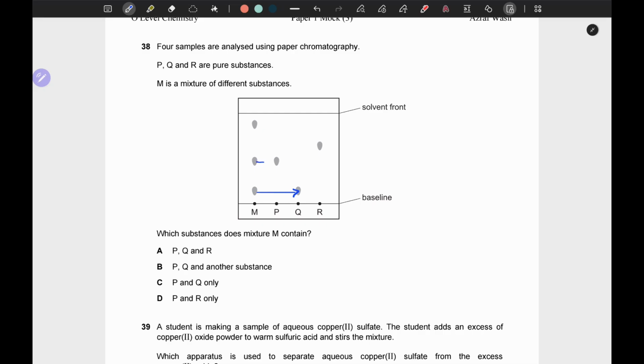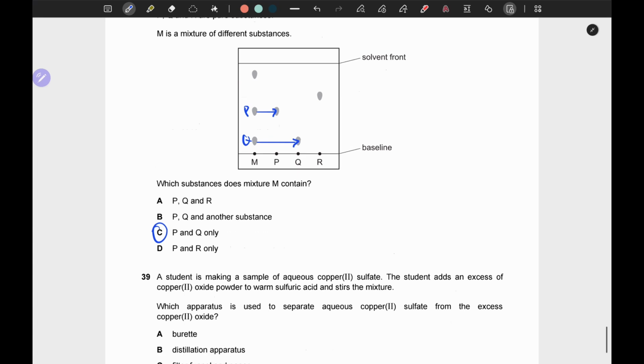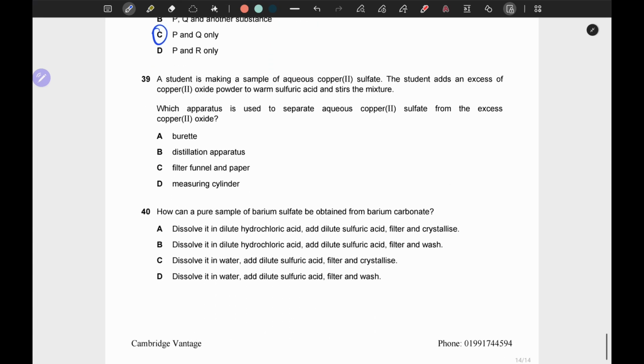And then M and P also have a spot on the same level. And this spot, the one at the end, doesn't match any other one. So in that case, M contains P, M contains R. So which substance does mixture M contain? P and Q only. So the answer for this one is going to be C. Moving on to number 39.